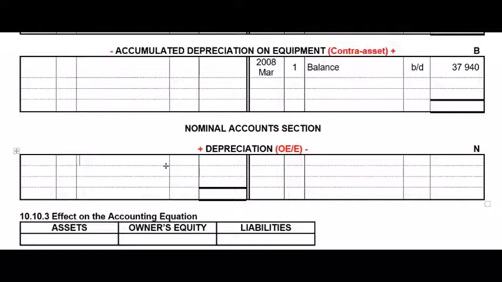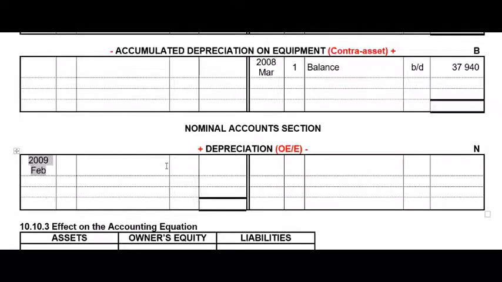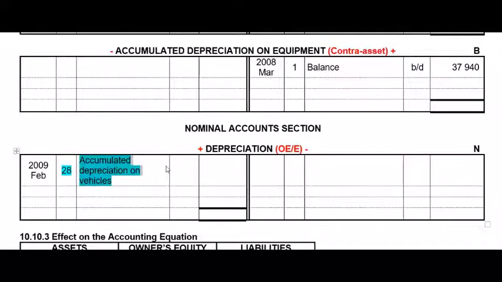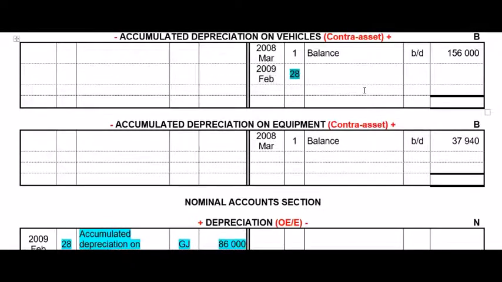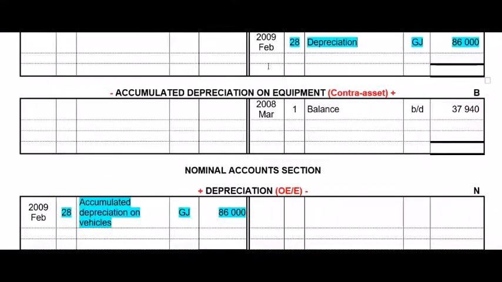In the ledger, we split them. Okay, so 2009 February, the last day, we had accumulated depreciation on vehicles in the general journal for 86,000 Rand. And this also went to the credit side of accumulated depreciation on vehicles. And I highlighted them in blue so that you can see the two go together.